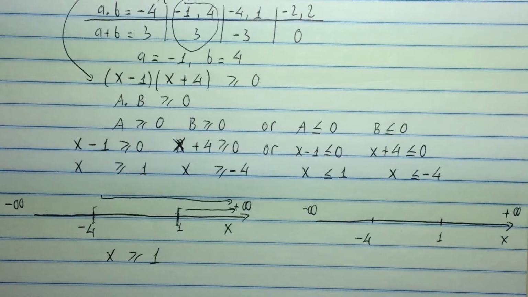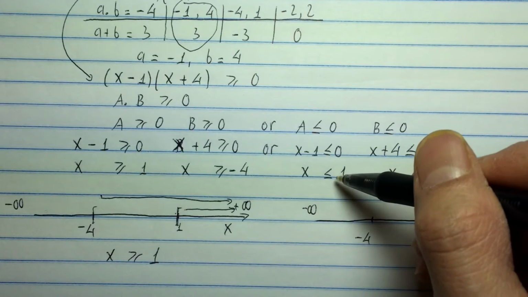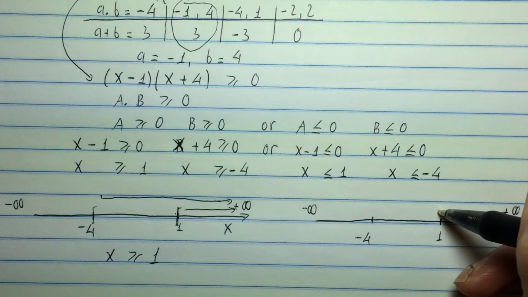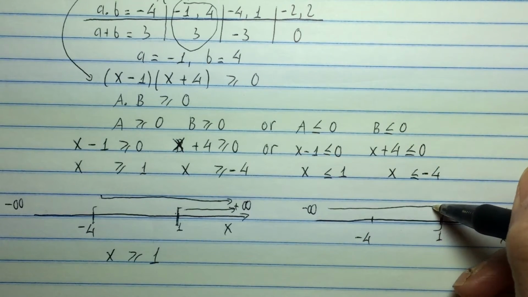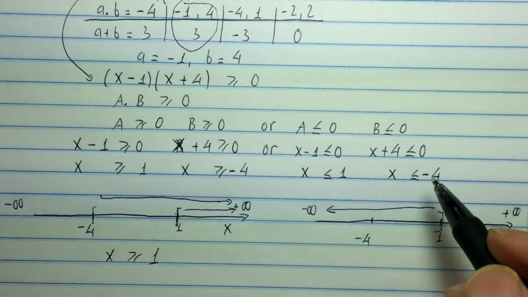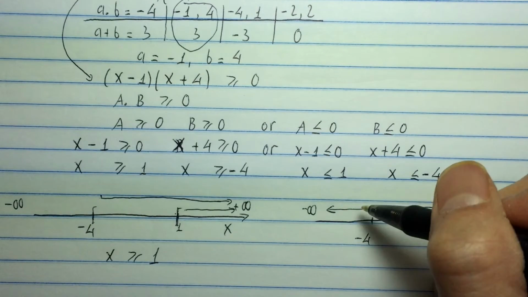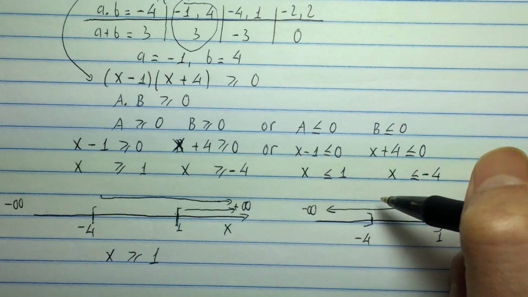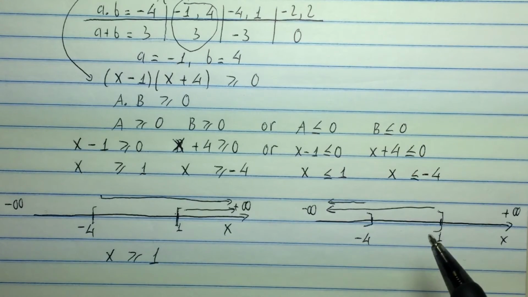So the first condition, x less than or equal to 1, that means any value of x from 1 to minus infinity. And the second condition, x less than or equal to minus 4, so any value of x from minus 4 to minus infinity.